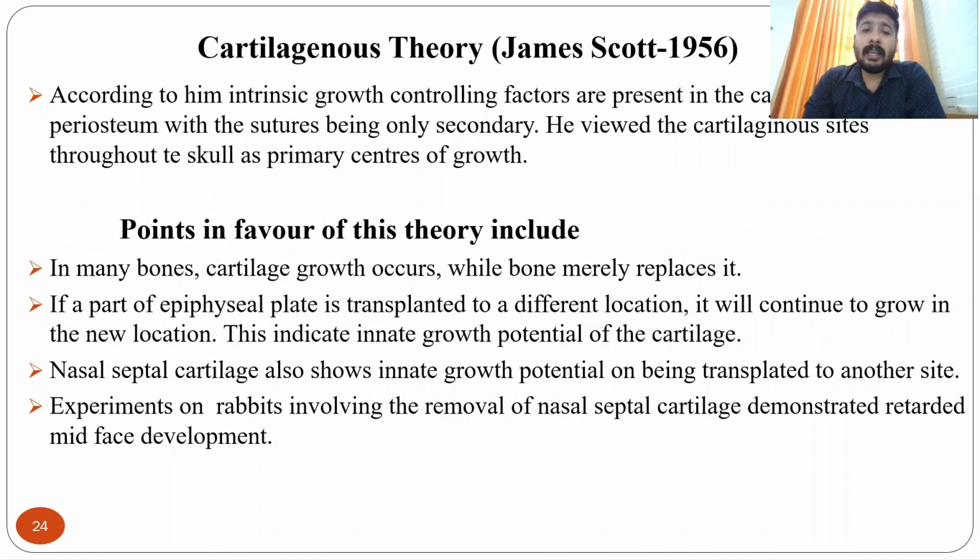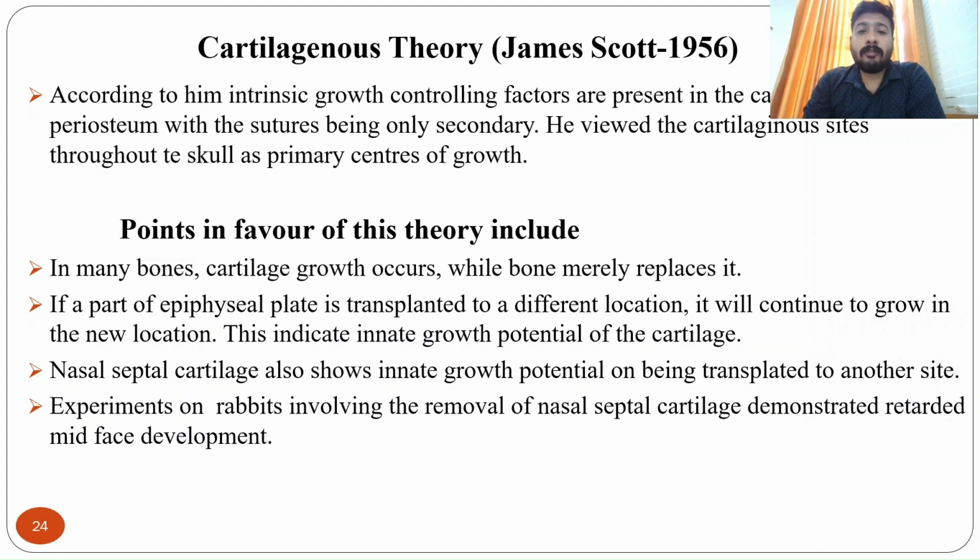The next theory would be the cartilage theory, which is given by James Scott. Scott postulated that cartilage has an ability to grow. He mainly talked about the nasal cartilage, where he said that the growth of the nasal cartilage was a crucial part that caused the forward and downward movement or the development of the midface itself.